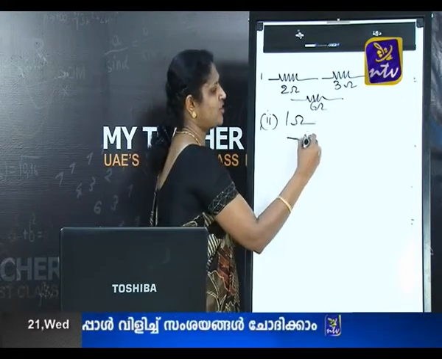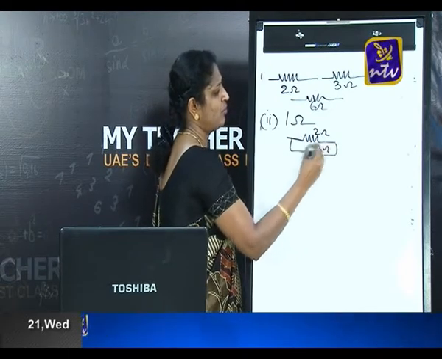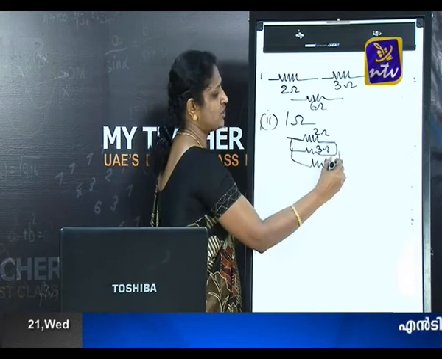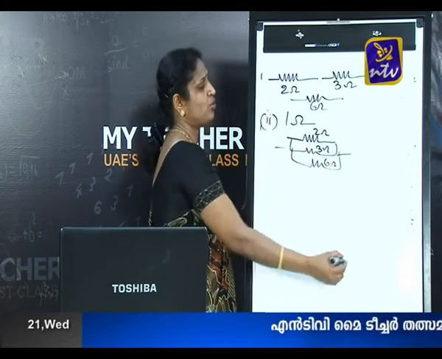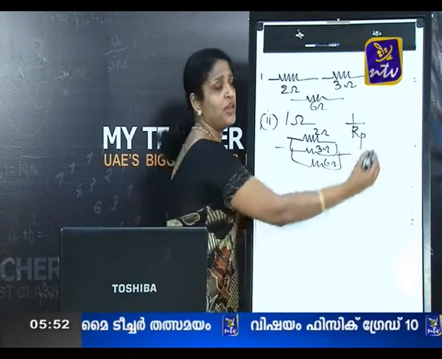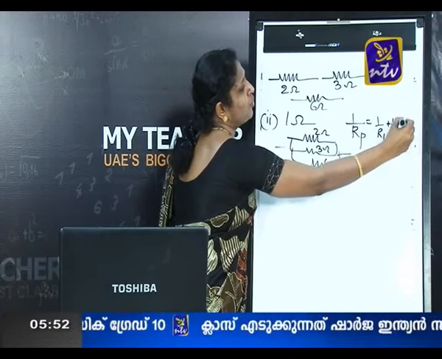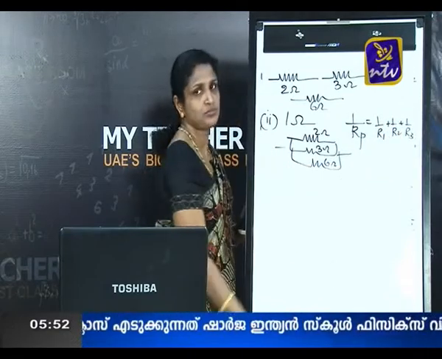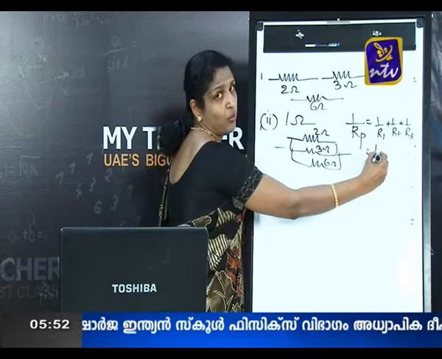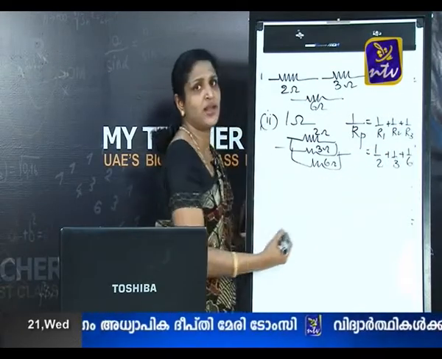Let us connect a 2 ohm, 3 ohm and 6 ohm in parallel to each other. Now, the total resistance can be found by the formula 1 by Rp equals 1 by R1 plus 1 by R2 plus 1 by R3, that is equal to 1 by 2 plus 1 by 3 plus 1 by 6.